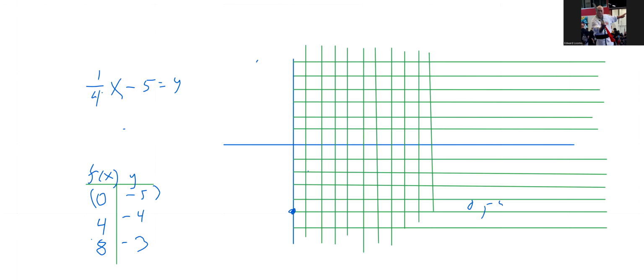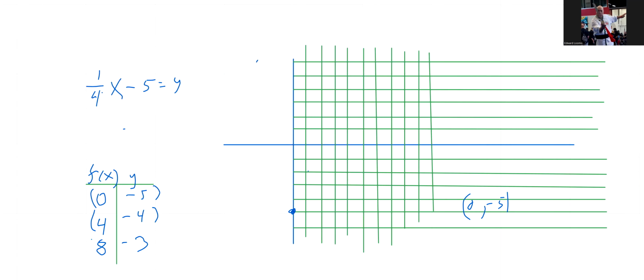1, 2, 3, 4, 5, at 0, negative 5. My next point is going to be 4, negative 4. So I'm going to start back at the point of origin. I need to move my x 1, 2, 3, 4 times. My y is a negative 4, so I come down 1, 2, 3, 4 times. I'll put a point right here.